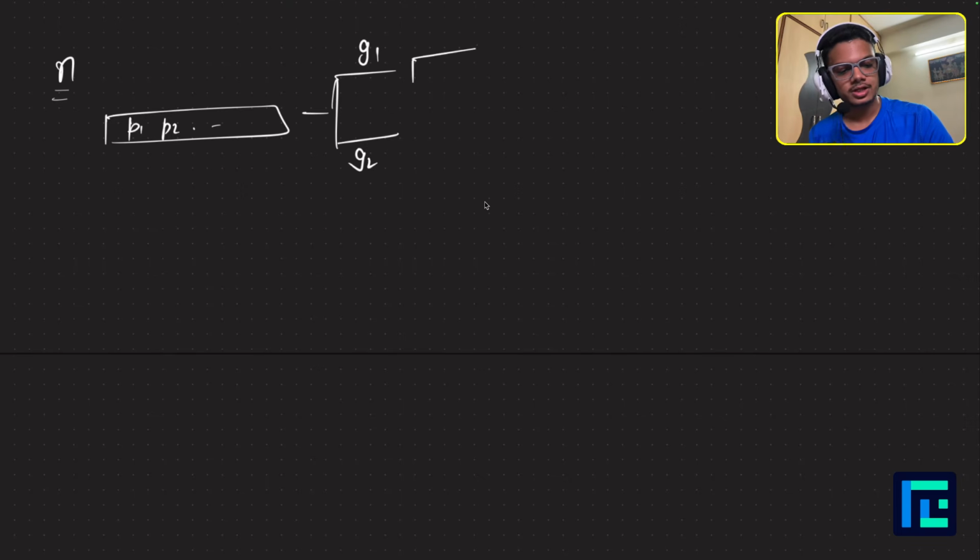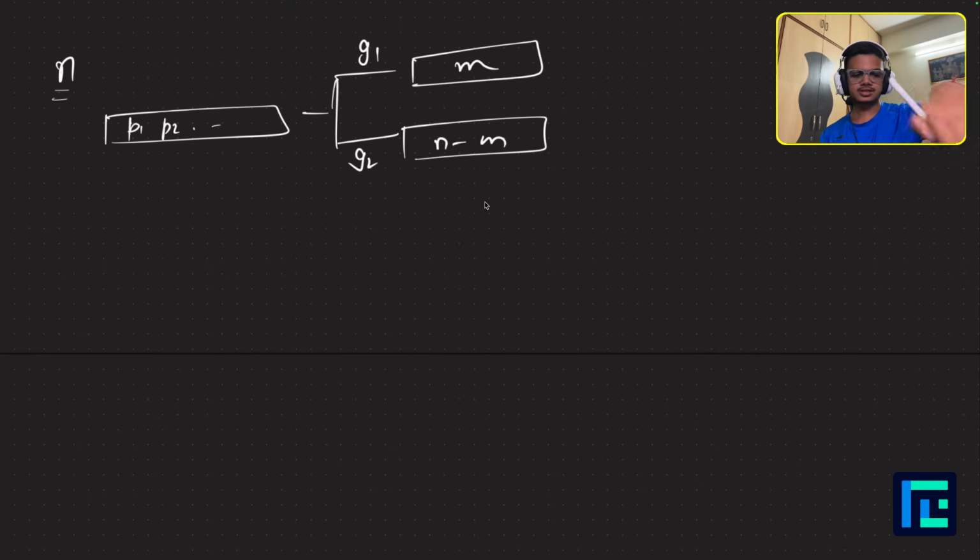The question is asking that we have n apples, and there will be some weights given here, p1, p2, and so on, and we want to divide it into two groups. Let's call this group z1 and this group z2. Let's say z1 has m elements, and z2 will definitely have n minus m elements.